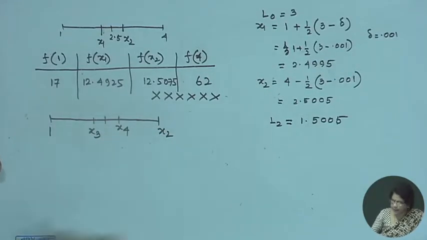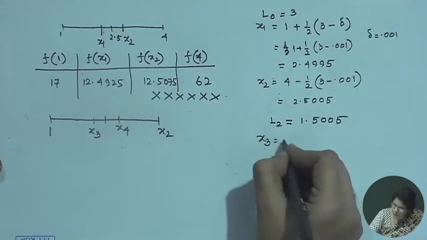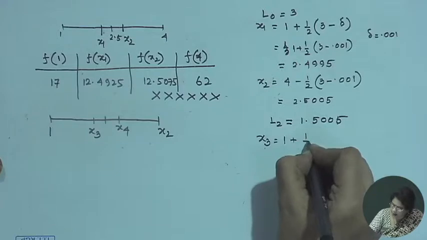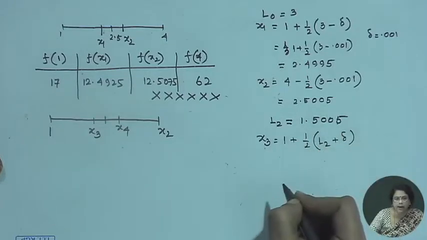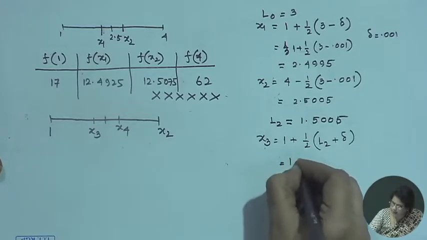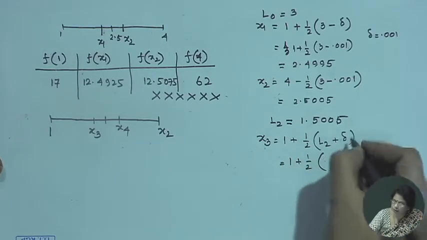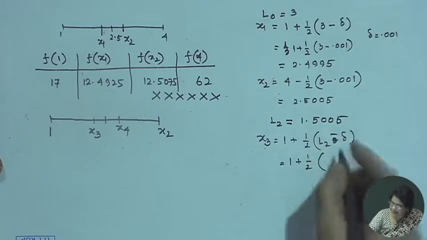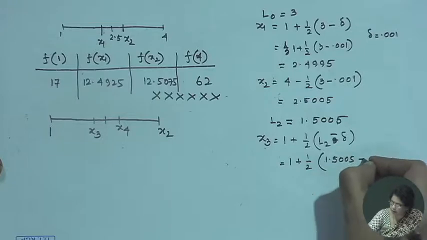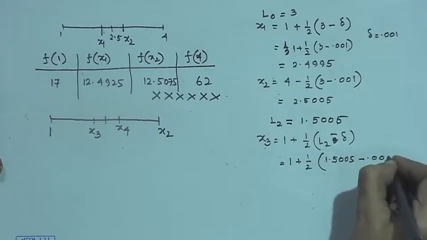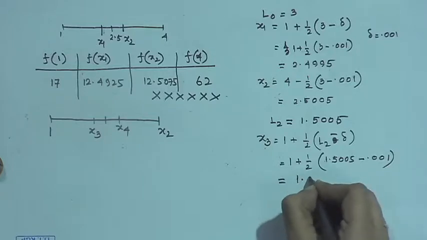Then x3 will be equal to 1 plus half of L2 minus delta, that is 1 plus half of 1.5005 minus 0.001.